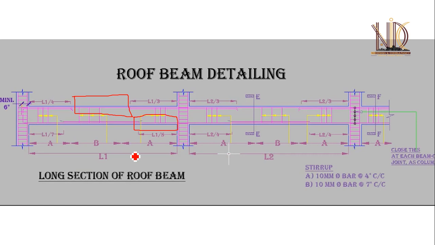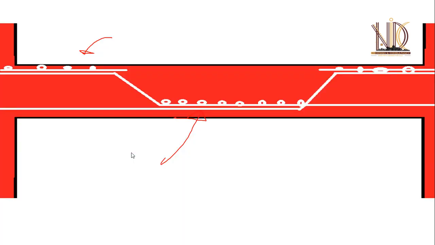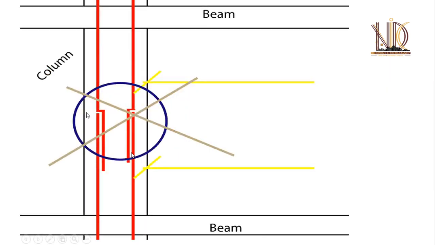This is the safe zone for overlapping, and we have to understand that we can't overlap a cut bar. We will provide lap on a straight bar. Two more fundamentals: we should not provide overlap at the same height.